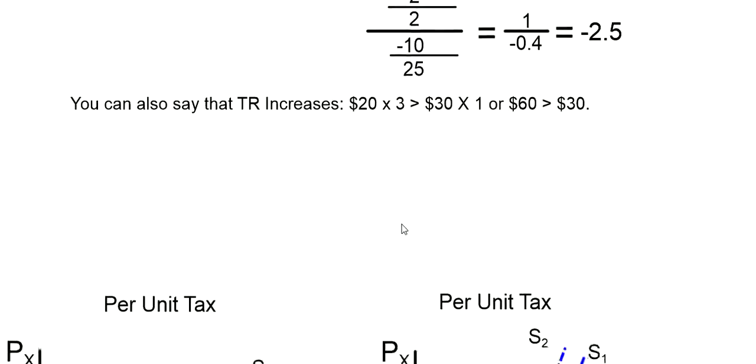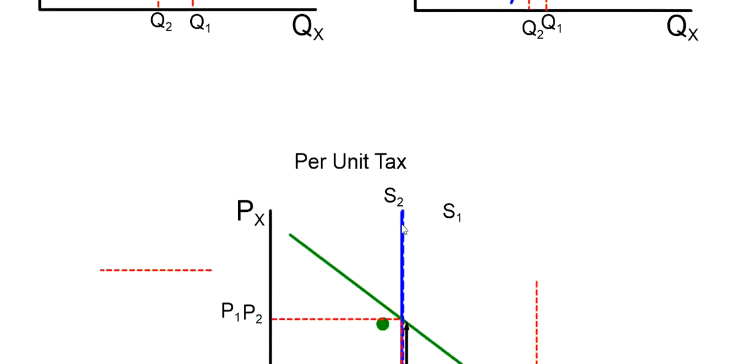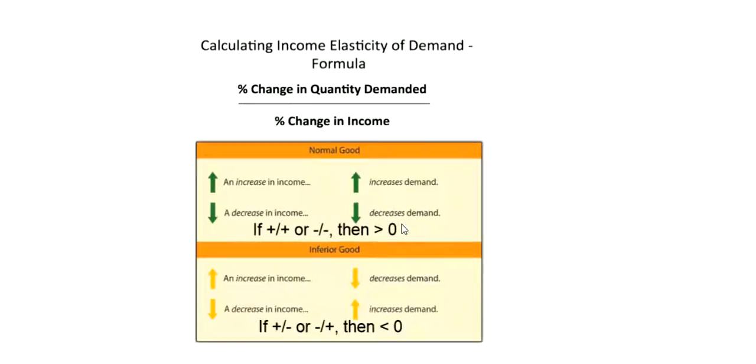In your study guide, I pulled this right from one of the study guides that I sent you guys, there is a very nice chart that talks about how to calculate the income elasticity of demand, which is basically the percentage change in quantity demanded over the percentage change in income.